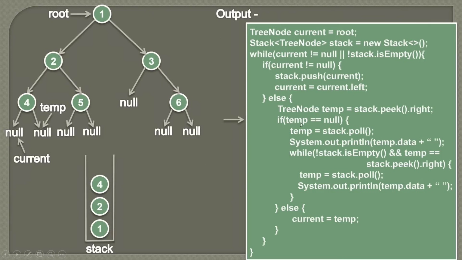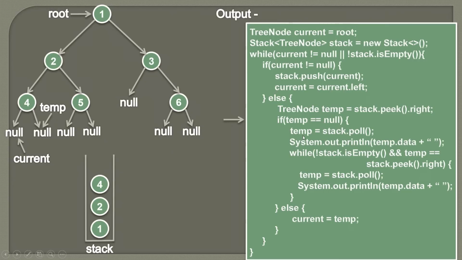So here why we are providing this check is if temp is equal to null. This will signify that whatever the value was on the stack, its right is actually pointing to null, and there are no nodes left to be traversed on the right side of this node.